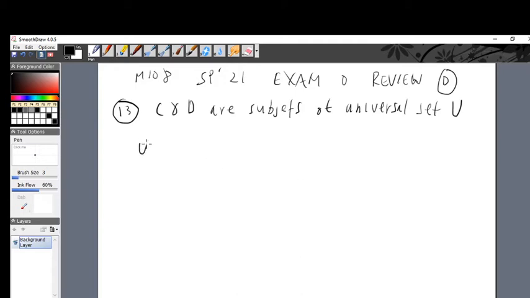Okay, so here's what U has in it. Here's the universal set. It's got F, K, Q. It's got S, X, Y. And it's got one more, Z. And that's it. That's in the entire universe. Now, what does C have?